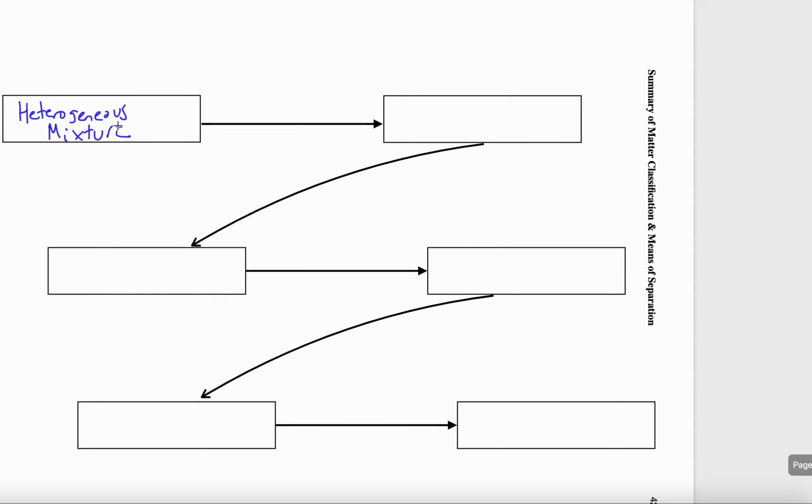And so it lacks any type of uniform ideas. There's a lack of uniform composition, lack of uniform structure.